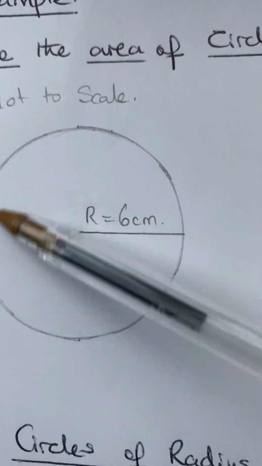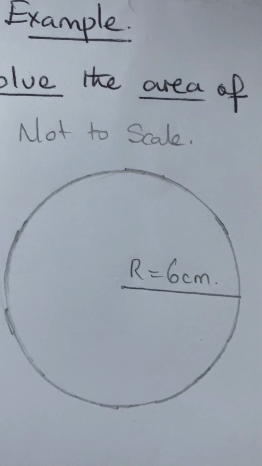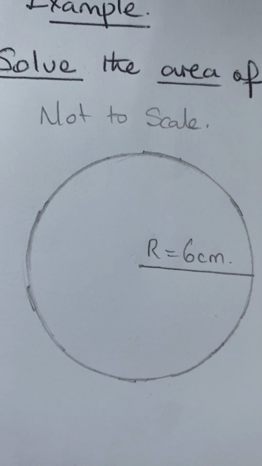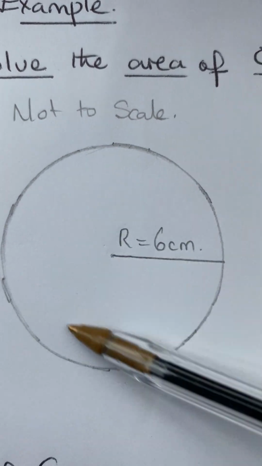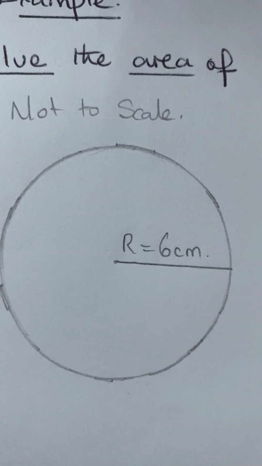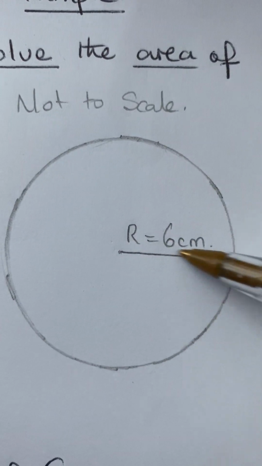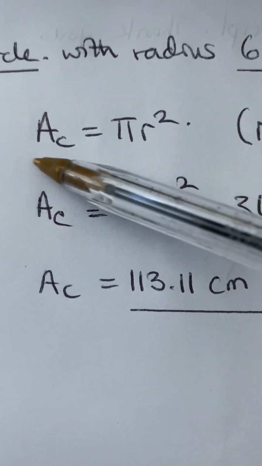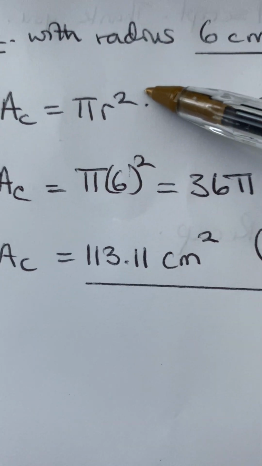Now, I wasn't given this diagram. It was just telling me to find the area of a circle, radius 6 centimeters. I drew this for presentation and explanation purposes. So that's my radius. The area of any circle is pi r squared.